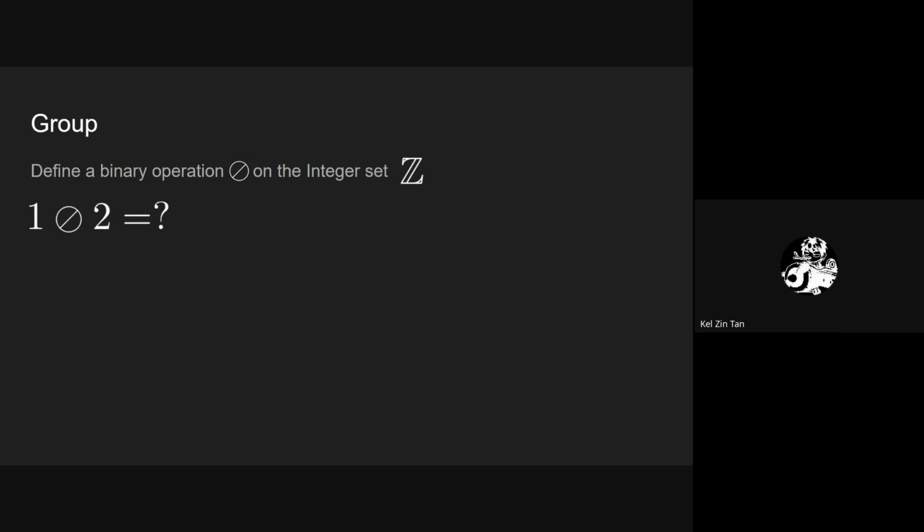Perhaps you can't answer this question because I haven't defined what a slash is. So let me formally define it. The slash takes in 2 integers, here the 1 is the integer here and the 2 is the integer here, and the result will also be an integer.